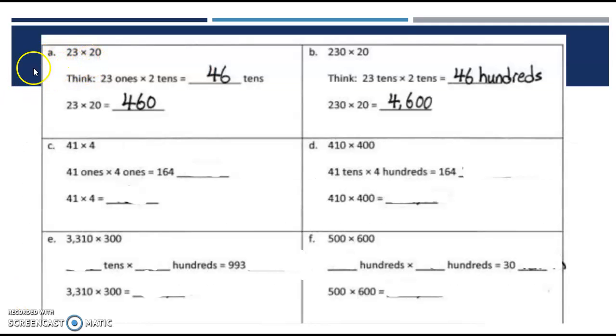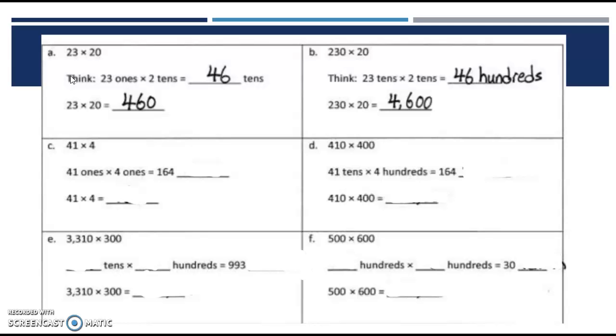So now they gave this for the example. We are using place value first, as well as multiplication. They did 23 times 20. They want us to think 23 ones times 2 tens would give us 46 tens.